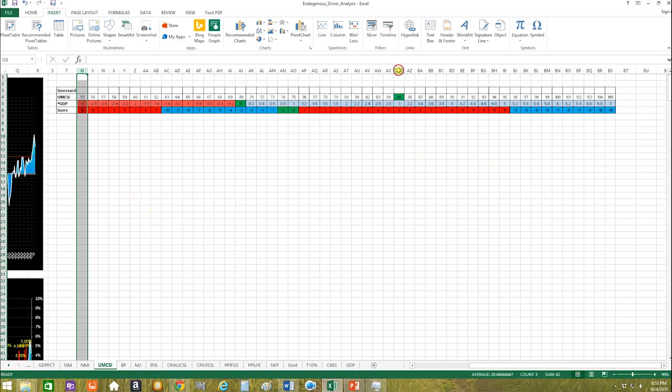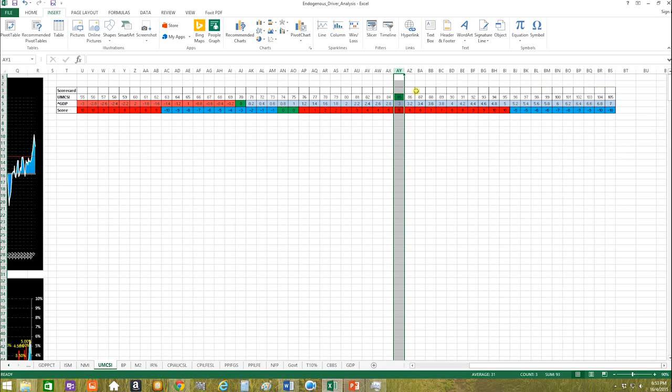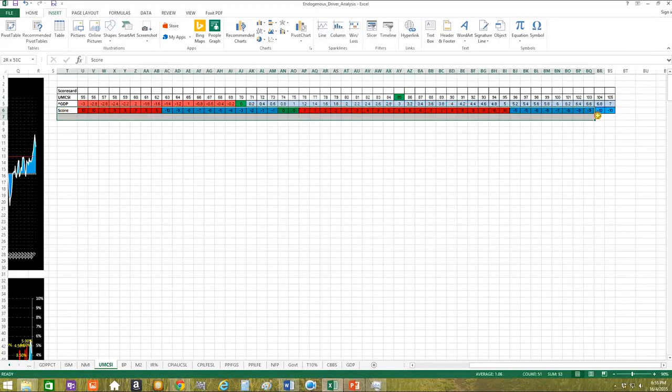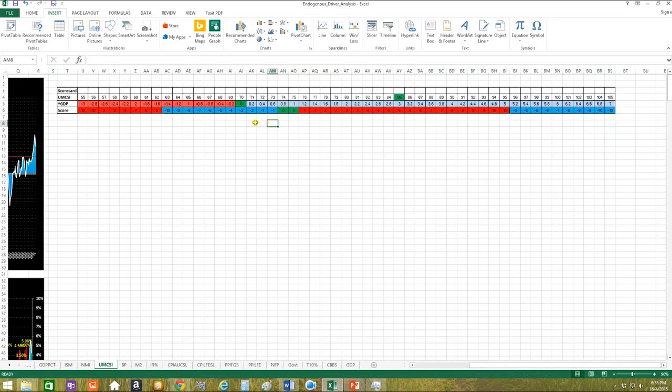If we go further to the right, above the average, these are higher readings of the UMCSI, and they are consistent with much higher levels of GDP growth. Now, when we look at our scorecard, in our next row, you can see there are 5 zones that we need to look at, and we've also color coded these zones.